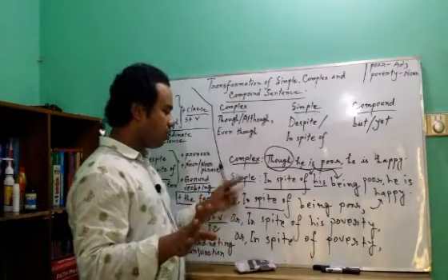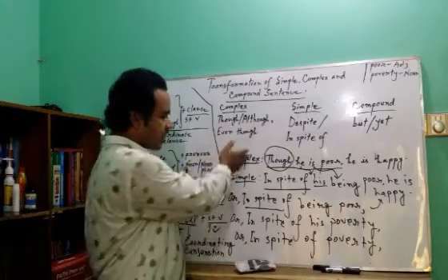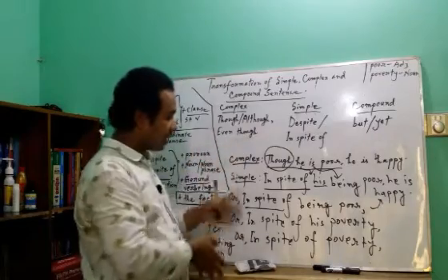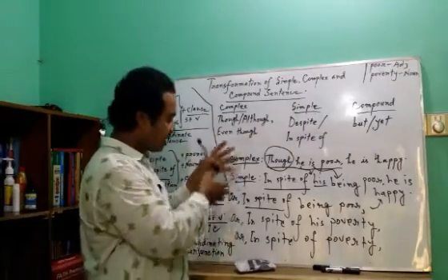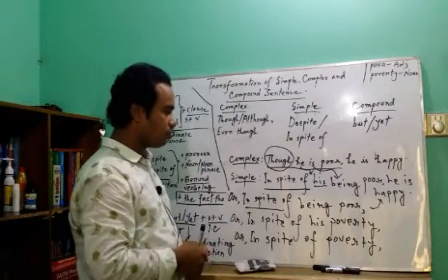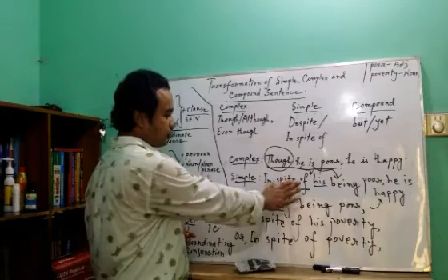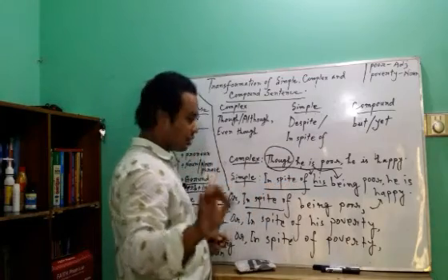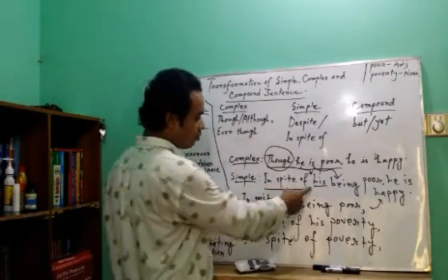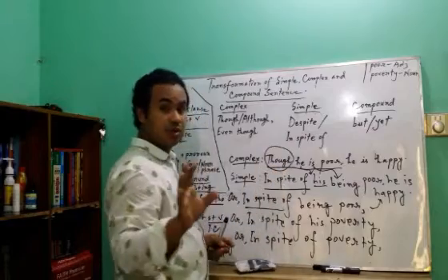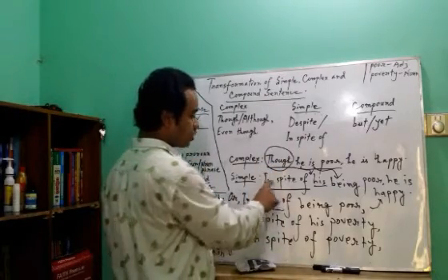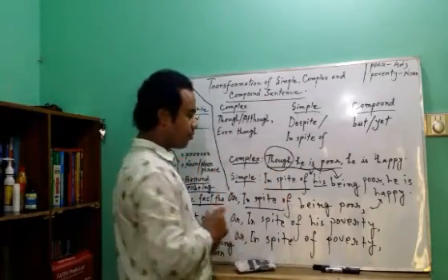So you can change this complex sentence into a simple one in these four ways. In spite of, always remember you must use of after in spite. Don't forget that. After in spite, use of.